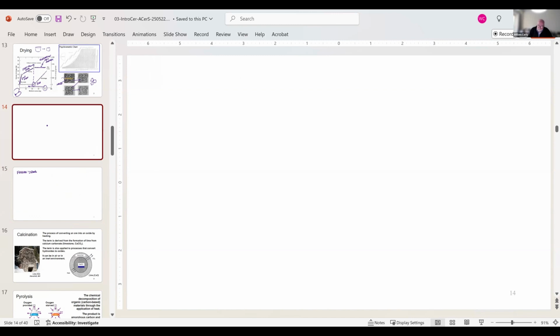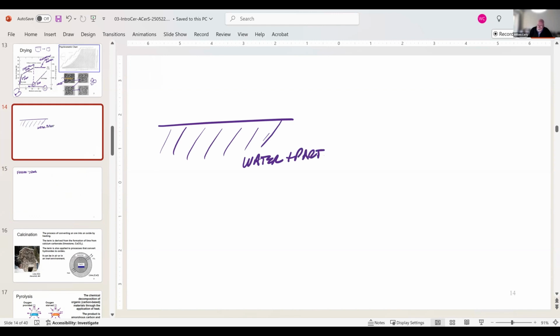I have a free surface, and I have water below. Water plus particles, this is my packed bed. And what happens in evaporation? I get a stagnant layer on the surface.